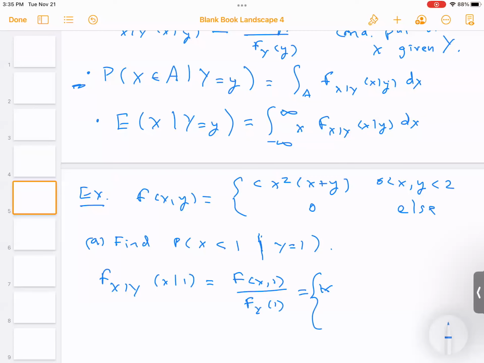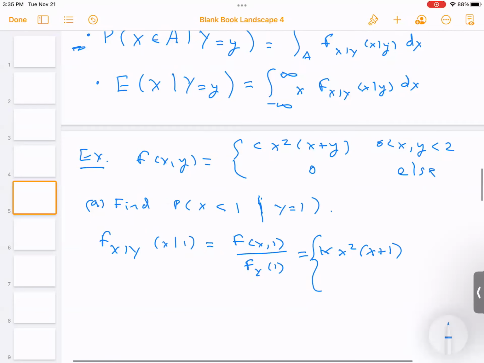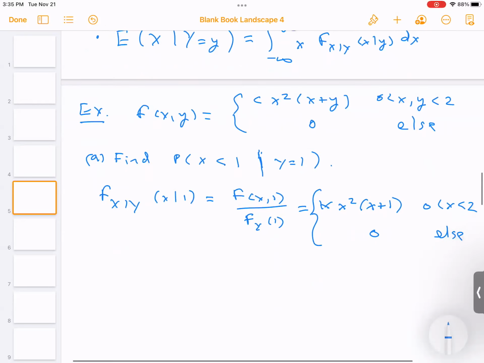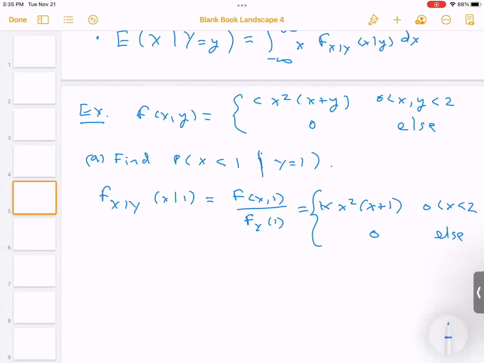So k times x squared times (x plus 1), for 0 less than x less than 2, and 0 else. Okay. And now we just integrate over the region, right?